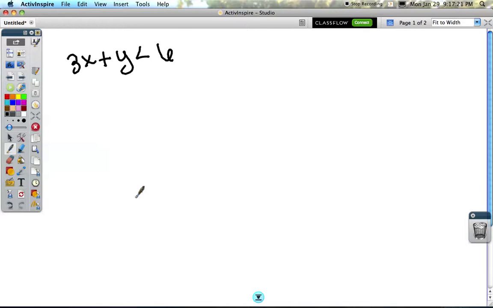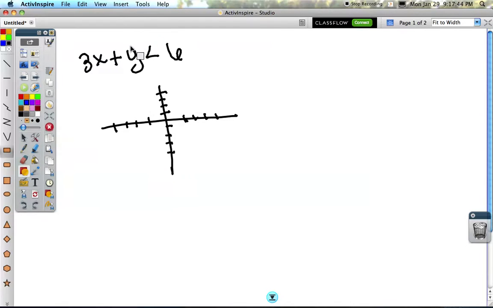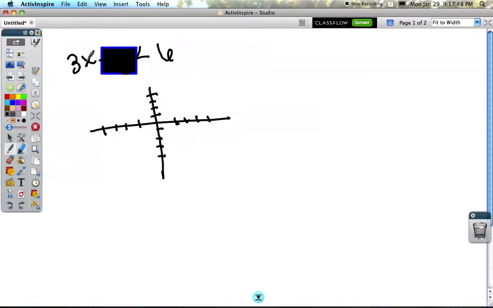Okay, write that one down. 3x plus y less than 6, and we're going to sketch it. And we're going to graph this using the x and y intercepts. Now, if I want the x-intercept, then do I have a y? No. So, when I get x by itself, what am I going to do?